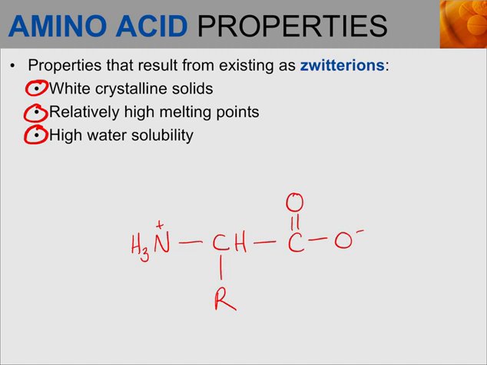The positive charge on the nitrogen will be attracted to the partial negative charge on the oxygen of water. And then the negative charge on the carboxylic acid group will be attracted to the partially positively charged hydrogen on water. So water can easily dissolve amino acids.